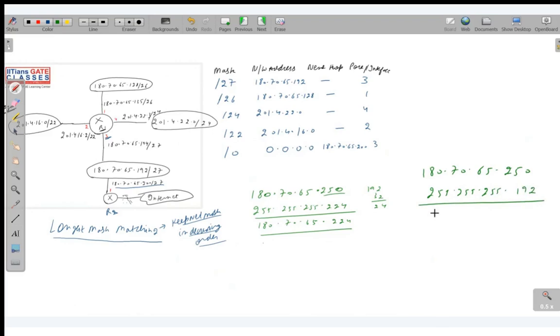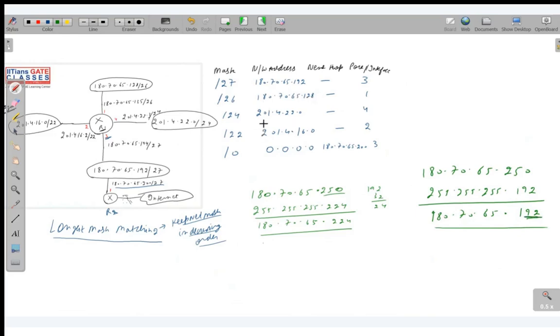So the answer will be 180.70.65.192, because the first two bits are ones, and in 250 the first two are also ones, so we will get 192. So finally, here also there is no match, because the network address I am getting is 180.70.65.192, but here it is 128. So it is not matching.